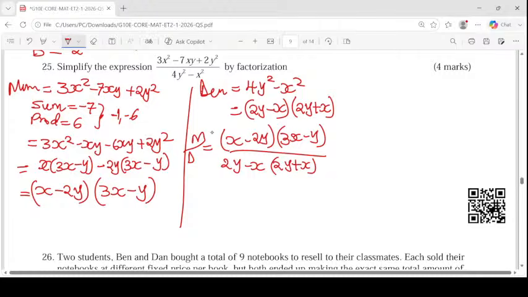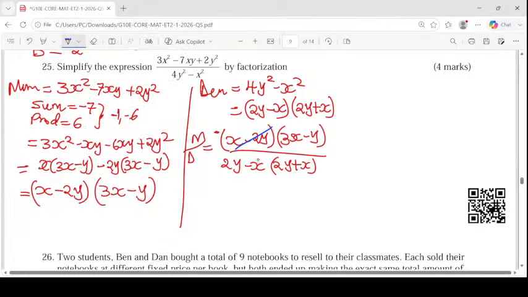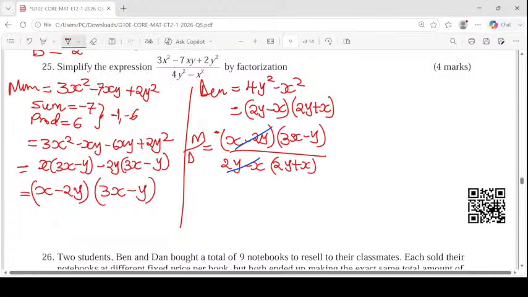Let me introduce a negative to the numerator to make this one negative x plus 2y, which will now make this one and this one cancel. Then my final answer is negative 3x plus y over 2y plus x. That is the final answer to that particular question.